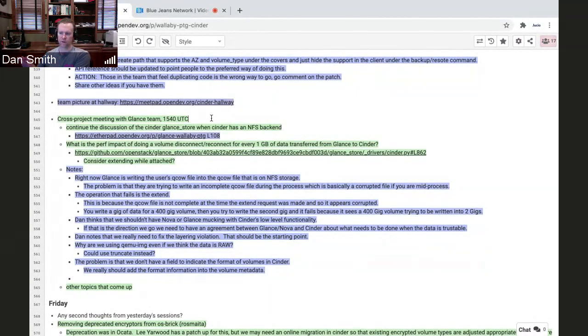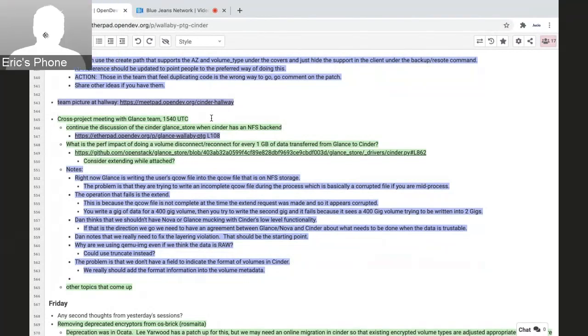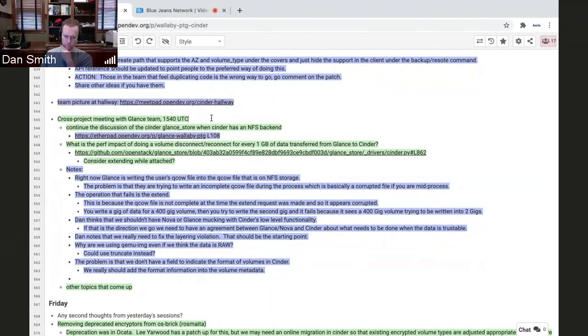If that is happening, that's cool, but the consumer of a block device should not know that. Right? Yeah, I mean, I don't think we really want to use QCOW2 storage for the Glance scenario anyway. Yeah, we don't, but we cannot prevent it. That is the thing that Dan is trying to insist on.